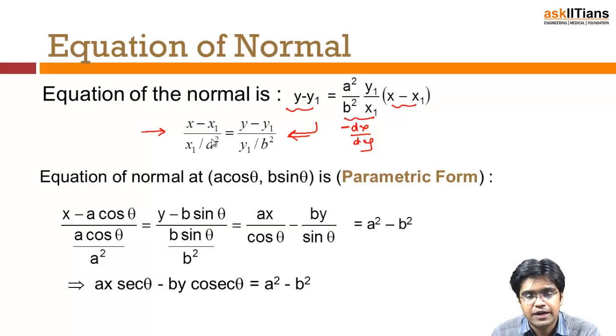If you replace x1, y1 by a cos theta and b sin theta, and do some manipulation to put it into the correct form, you'll end up here. So this is the simplified equation of the normal to an ellipse in parametric form. Remember, parametric form: ax sec theta minus by cosec theta is equal to a square minus b square.